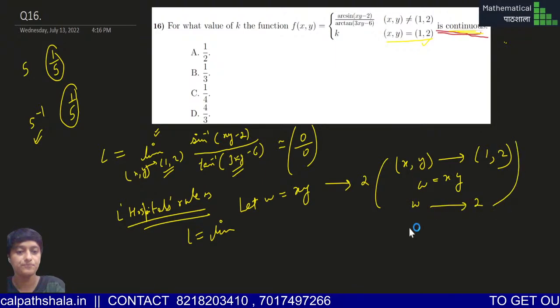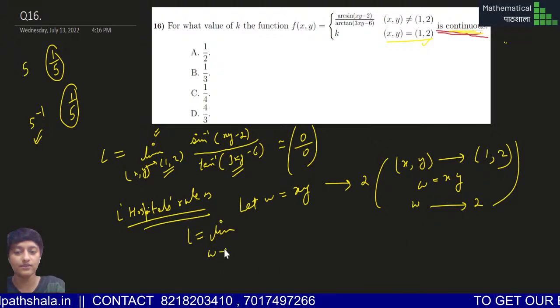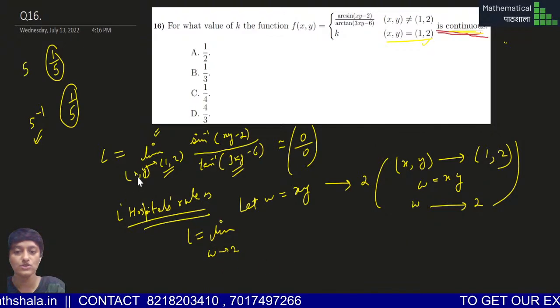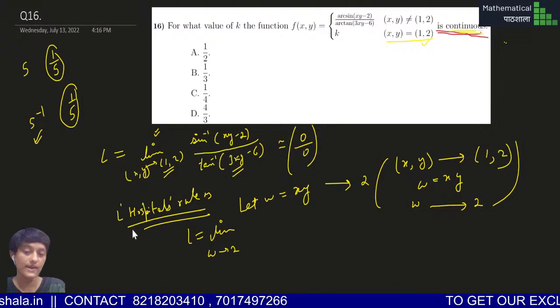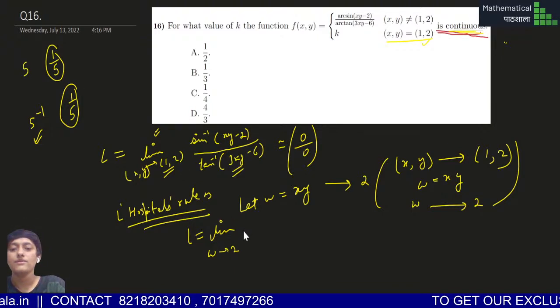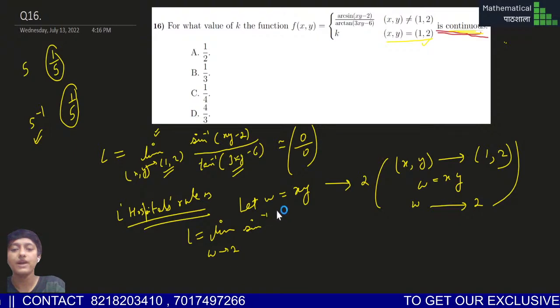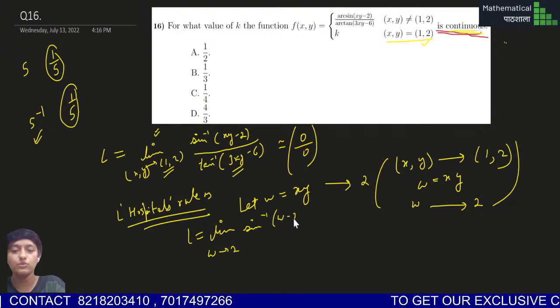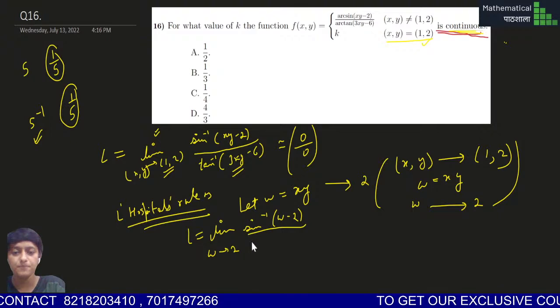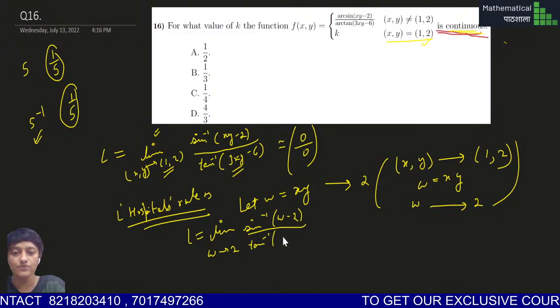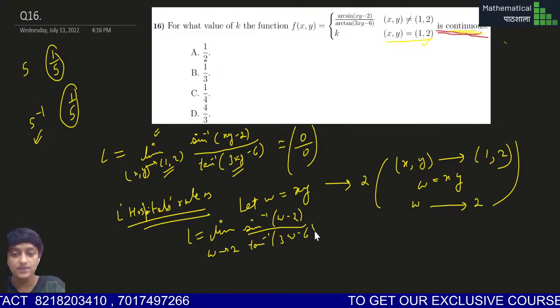So we can just write W tends to 2 in place of (x, y) tends to (1, 2). So L will be the limit as W tends to 2 of sine inverse of (W minus 2) upon tan inverse of (3W minus 6).